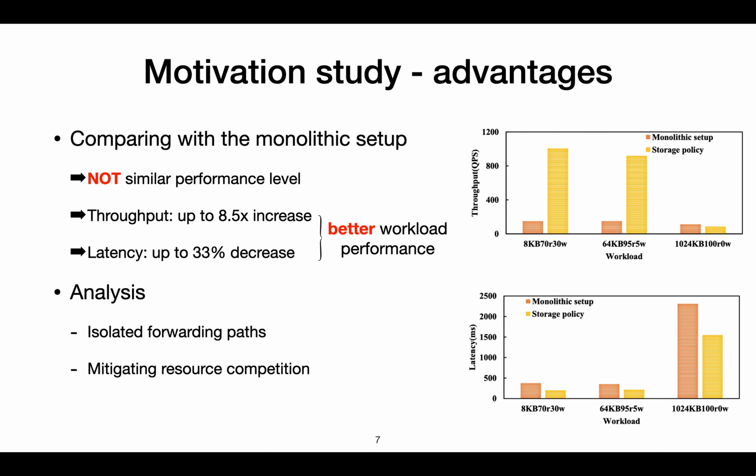However, when different policies are separately configured for the workloads, the performance is greatly improved. The throughput is increased by up to 8.5 times, and the latency is reduced by up to 33%.